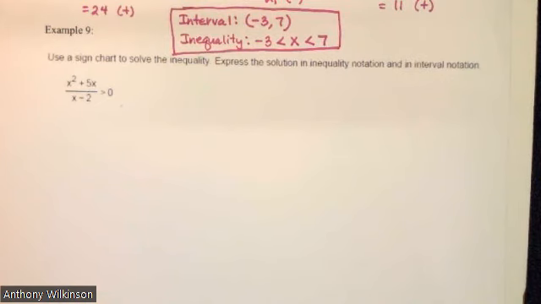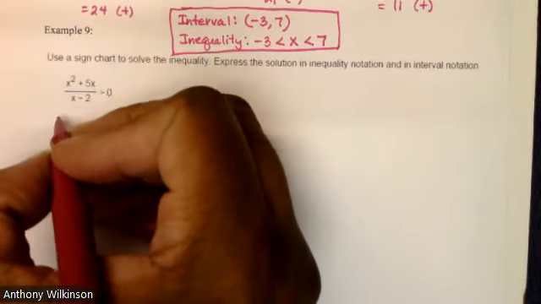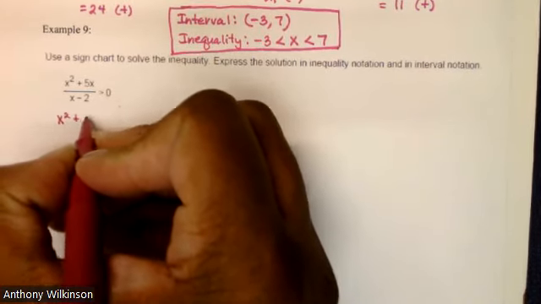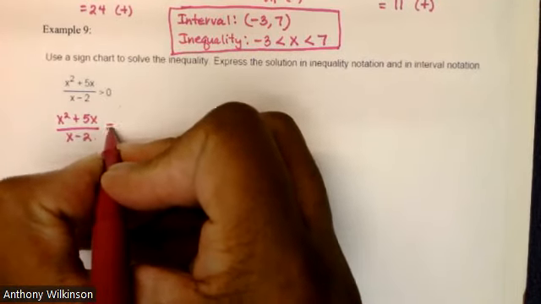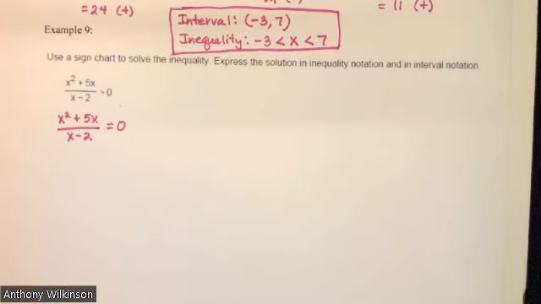All right, in this case here, we're going to treat x squared plus 5x divided by x minus 2 greater than 0 as x squared plus 5x over x minus 2 to be equal to 0.